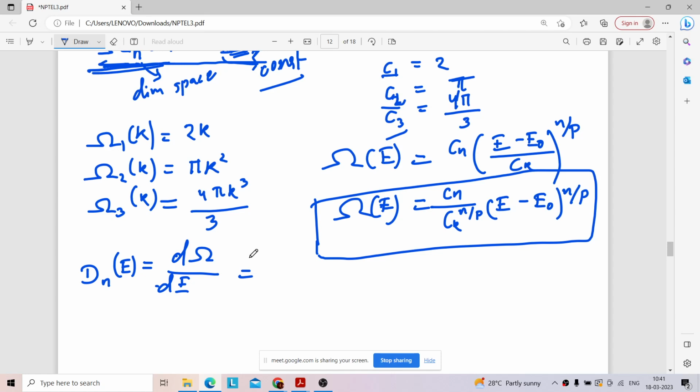So let's calculate this dn. There is n over p here, so the derivative will be n over p, constant Cn over Ck to the power n over p, times E minus E0 to the power n by p minus 1.